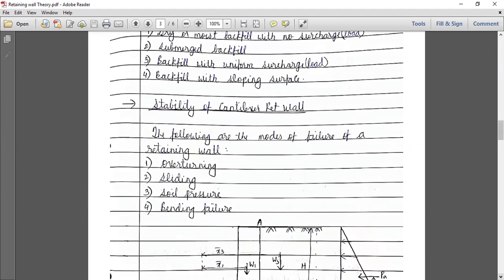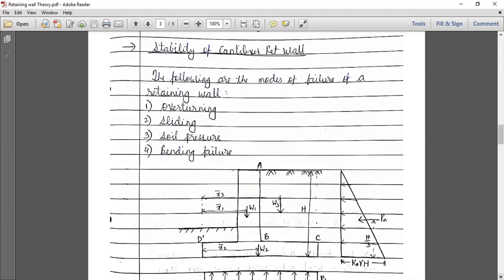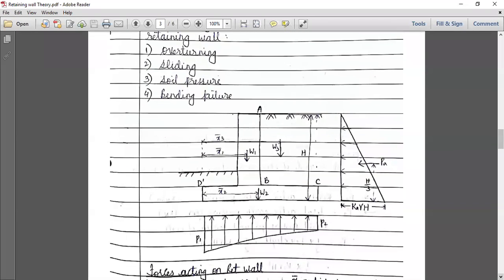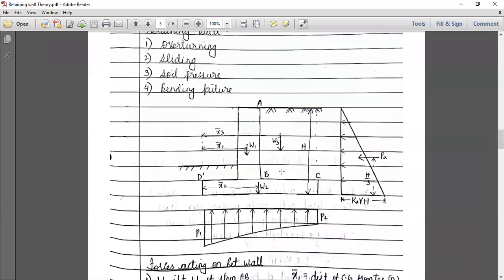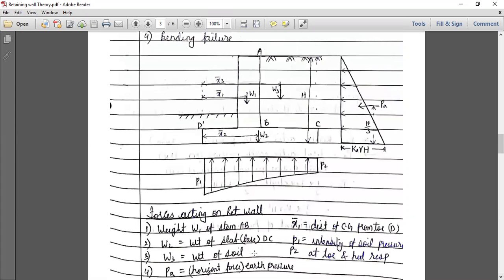Okay, so now let us understand what are the various forces acting on a retaining wall. So consider the cross section here of a retaining wall, a typical cantilever retaining wall. I've just shown the various components of the forces acting on the retaining wall. So this is the stem, AB is called the stem.